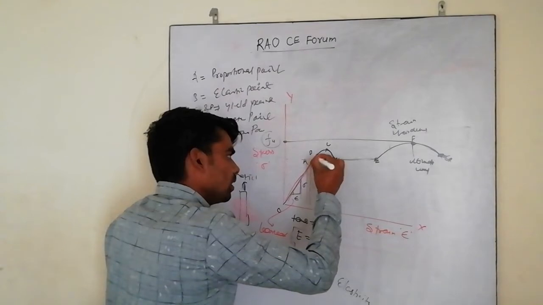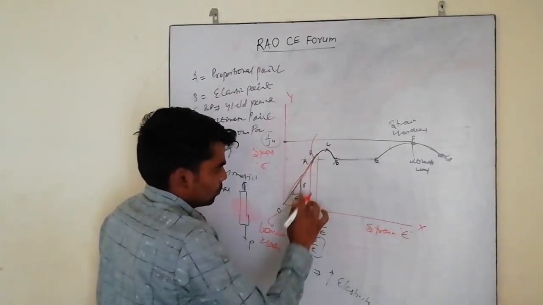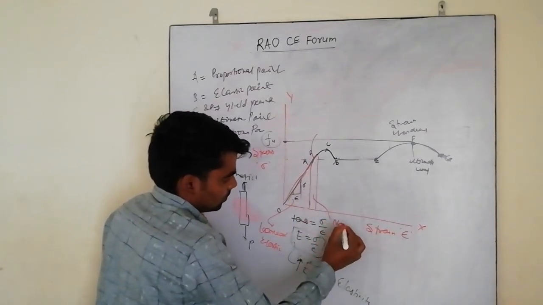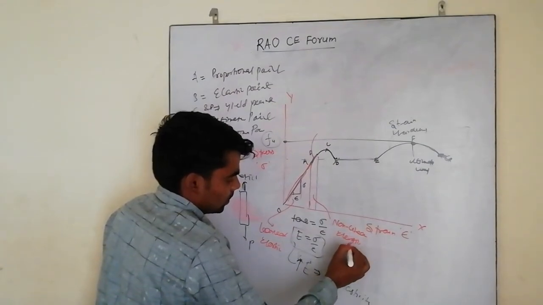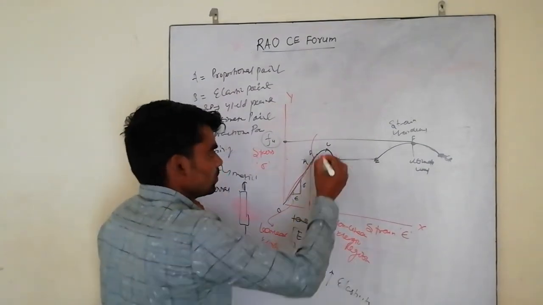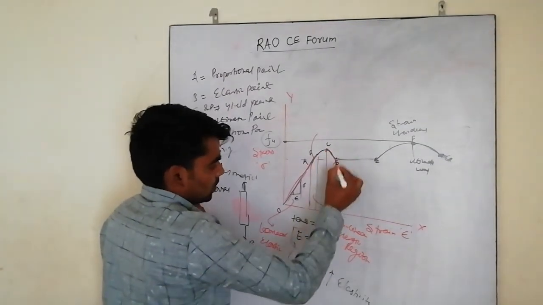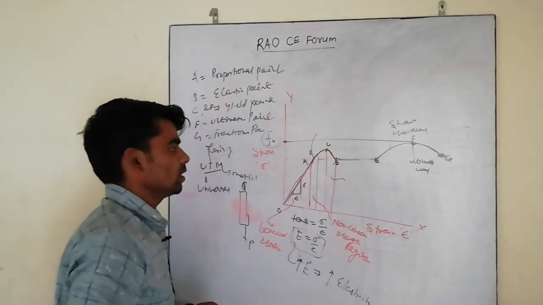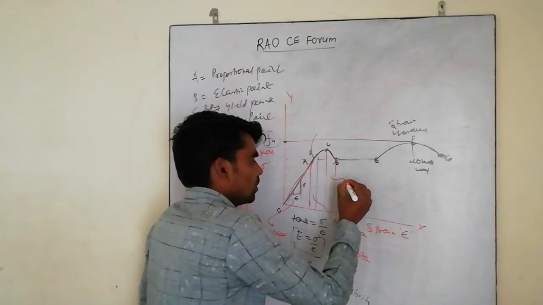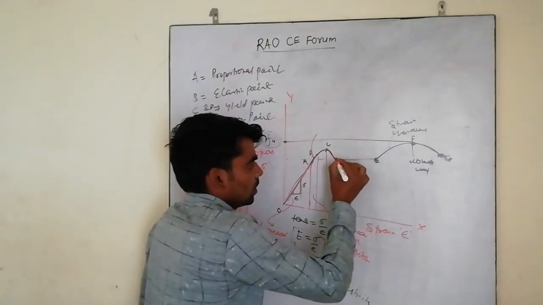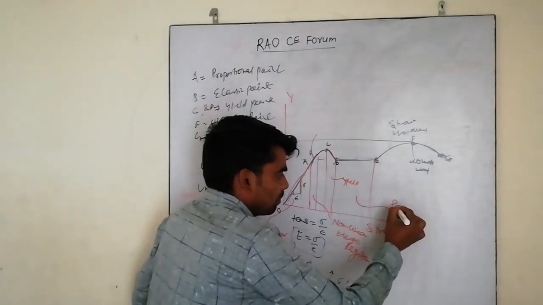From A to B, this shows the non-linear elastic region. C to D is the yielding point, the yield region, and D to E is the perfectly plastic region.